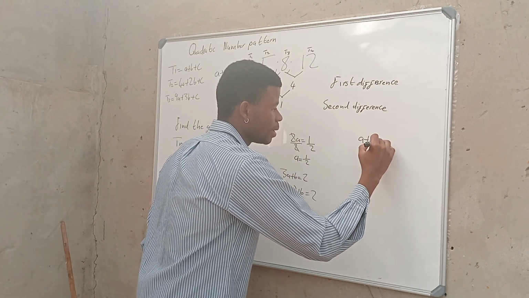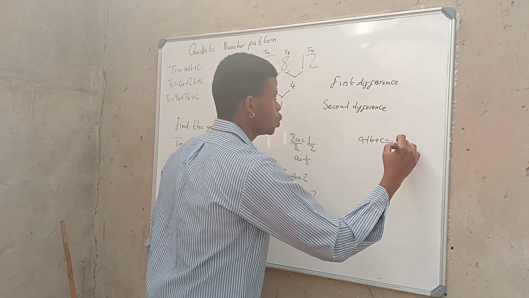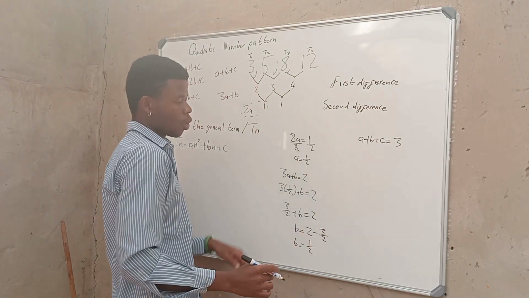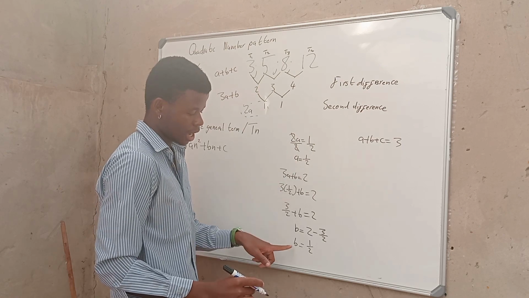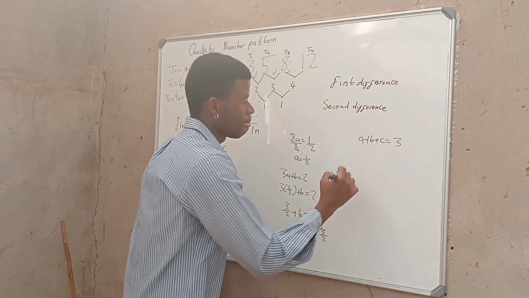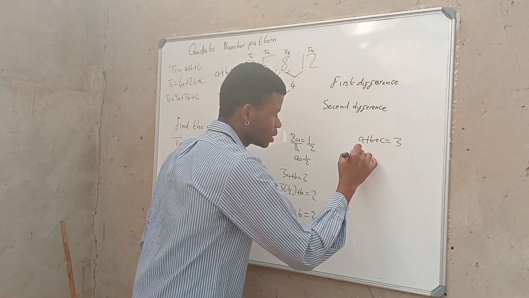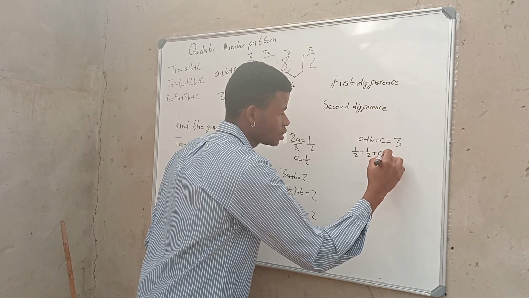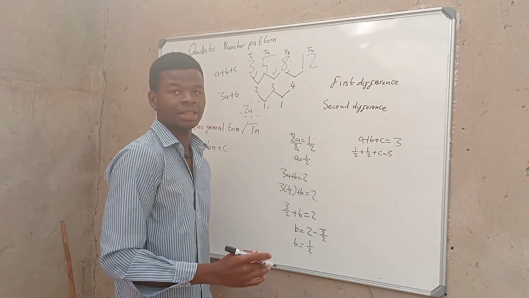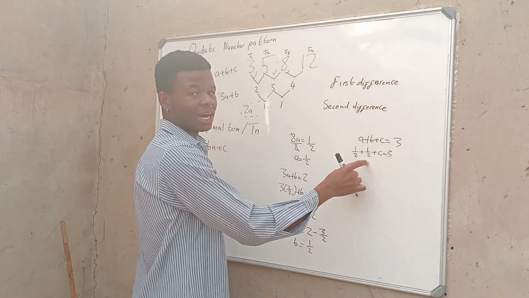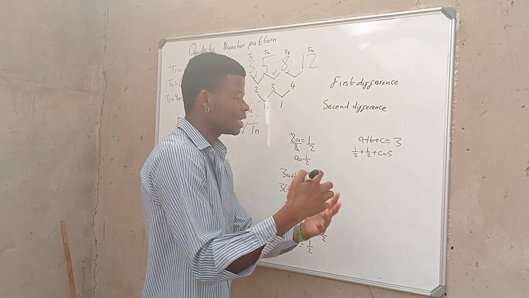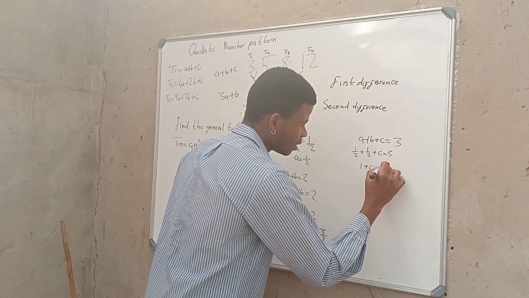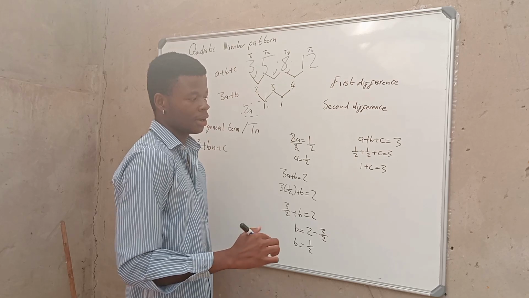A plus b plus c is equal to 3. So you substitute your a and your b, right? Our a is 1 over 2 plus 1 over 2 plus c is equal to 3, right? Then half and half, when you combine them, give you 1 plus c equals 3.